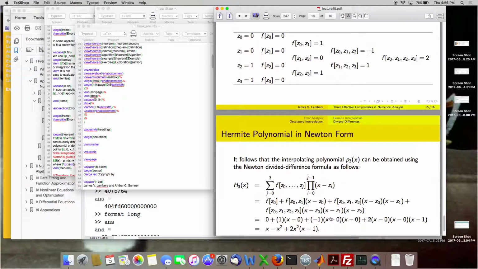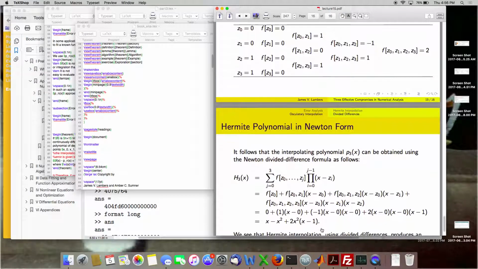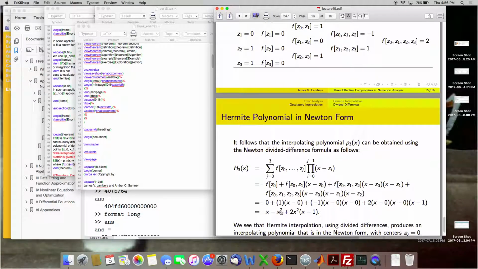So that's why I have x minus 0 and x minus 0. And then I go to my last coefficient, 2, times my first 3 interpolation points in linear factors, x minus 0, x minus 0, x minus 1. So you keep piling on those linear factors. And now you have your polynomial written in Newton form. And then I go ahead and condense it here. So this is my final polynomial.